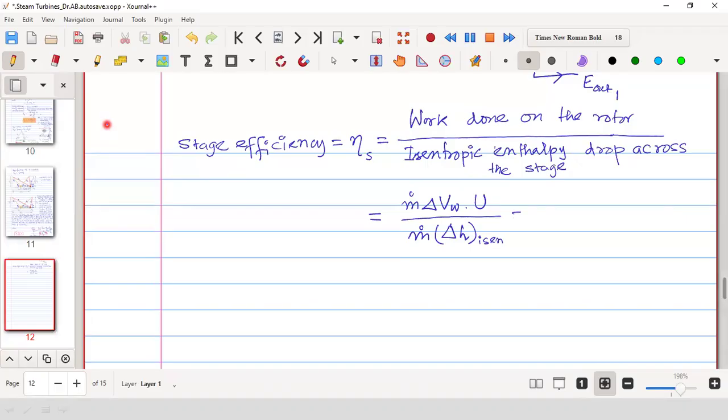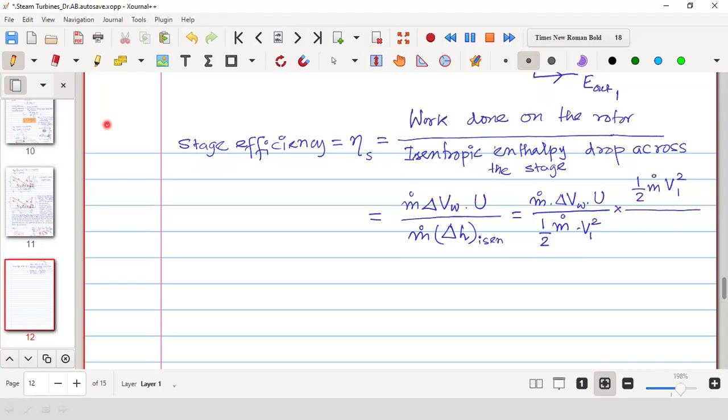Now what we can do is write this as a product of, you see, m dot into delta V W into U divided by the kinetic energy of the steam after the exit from the nozzle, so half m dot into V1 square, multiplied with half m dot V1 square.